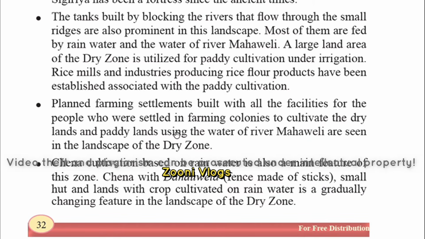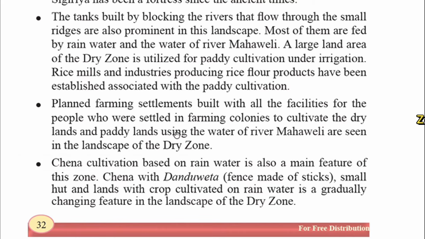So the main water source of the country is the Mahaweli river.